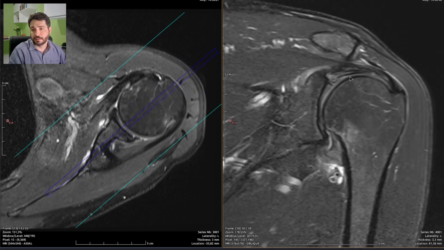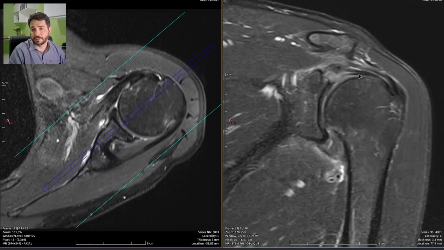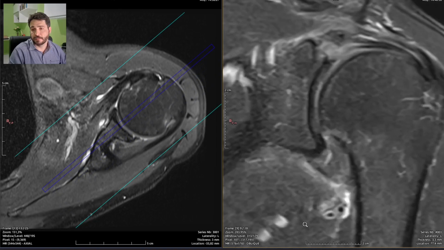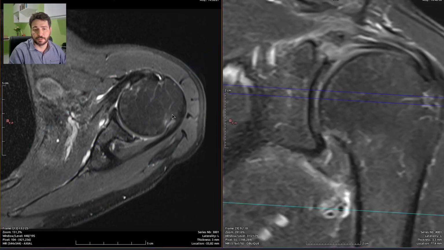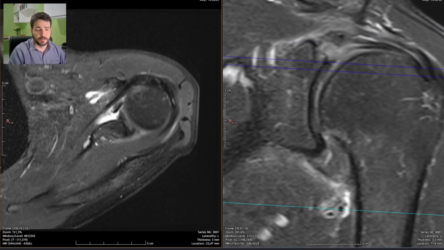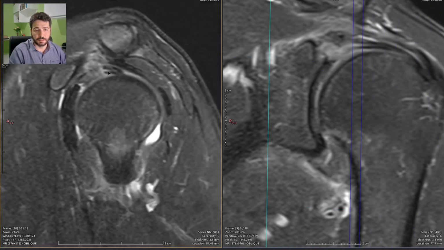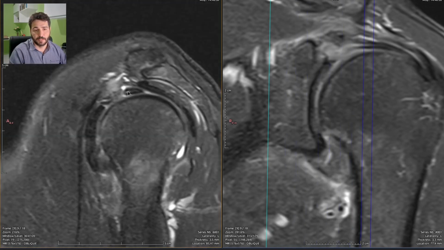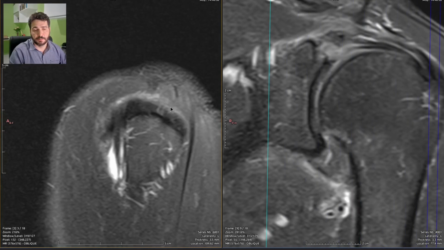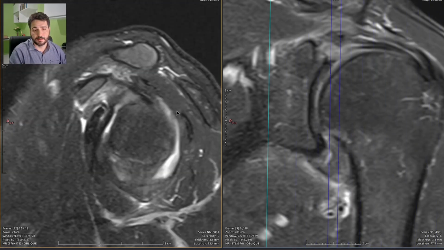There is a longitudinal tear of the biceps tendon right here. See, longitudinal tear. Let's see if we can picture it on the other plane. We should, right here. See, longitudinal tear of the biceps tendon. This is a splitting tear.